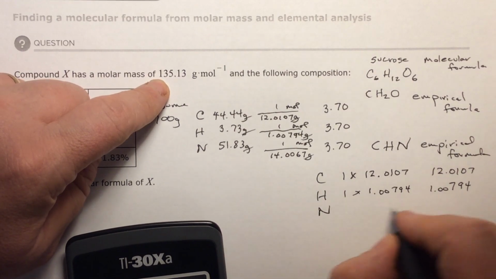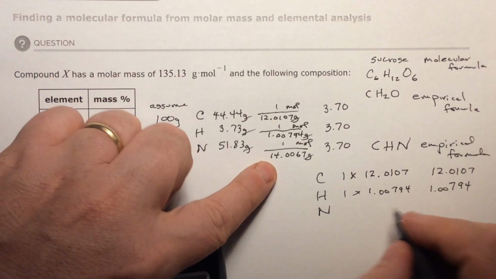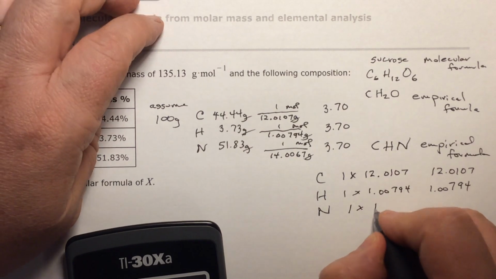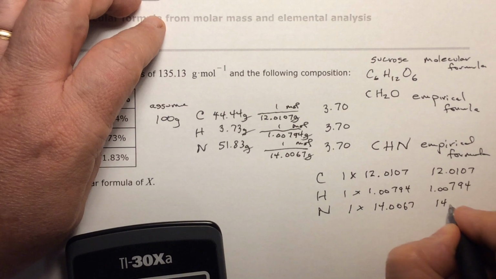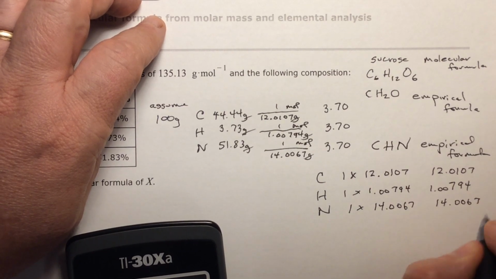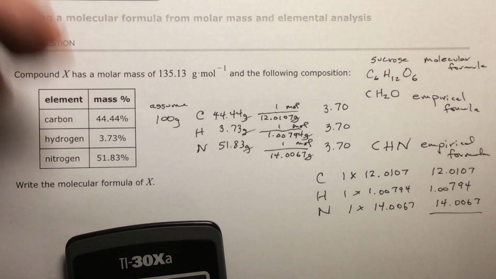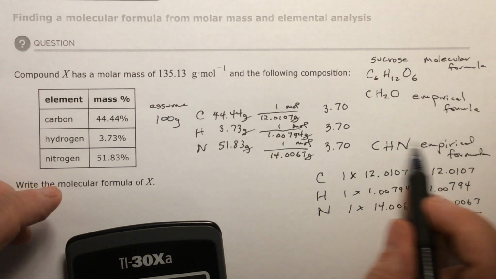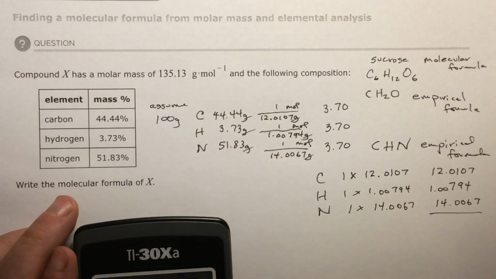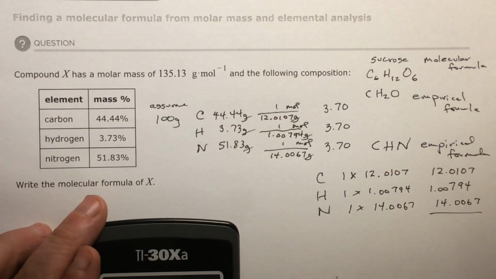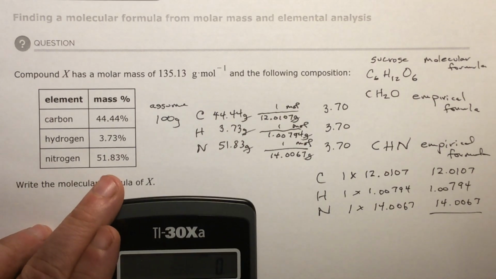And the nitrogen, I'm just looking here, is 1 times 14.0067. That gives me 14.0067. Add them together and find out how much the molecule of this empirical formula weighs, and then we'll compare that weight to the weight of the molecule. How much does the formula mass weigh?